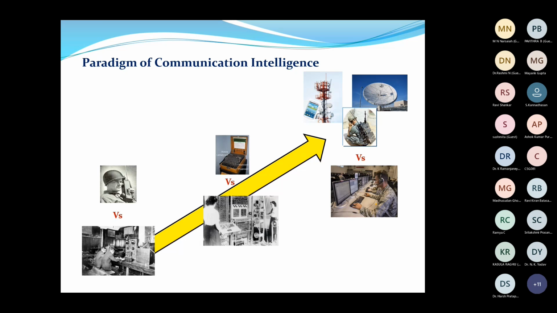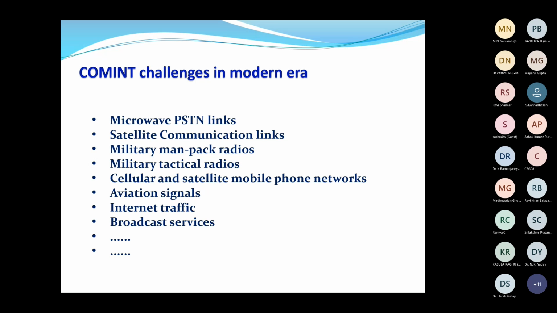So the way of attacking the problem in the present day is also different. Here we have to think about a process or machine which can be versatile and flexible enough to address all these different types of communication, or we should be able to attack the problem in specific areas. So it all depends on the analysis of feasibility, time, and different constraints for the requirement. In the modern day COMINT era, look at the challenges.